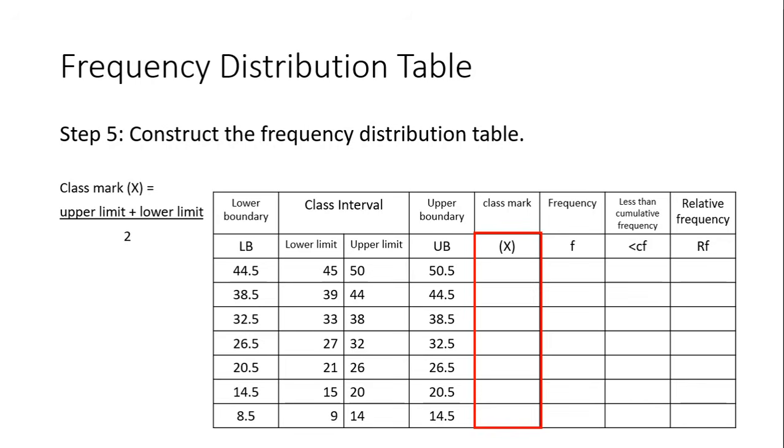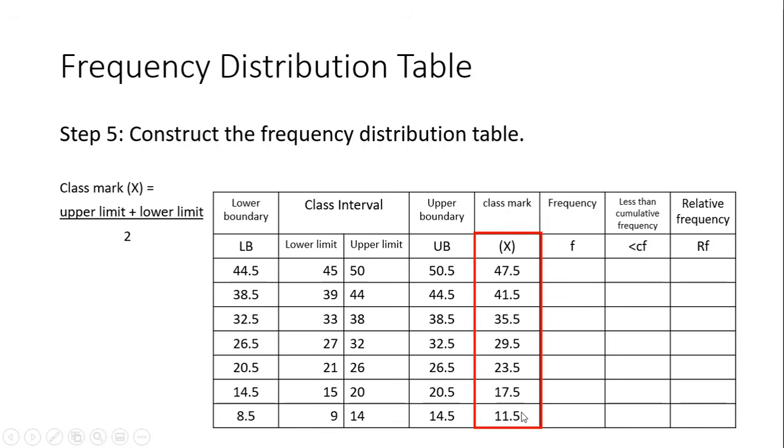Okay? So we have 9 plus 14. So I think I have it here. Okay? 9 plus 14 divided by 2, that's 11.5. Okay? So we have upper limit 14, lower limit 9. You add divided by 2, that's 11.5. Okay?